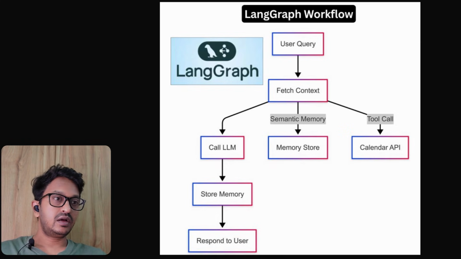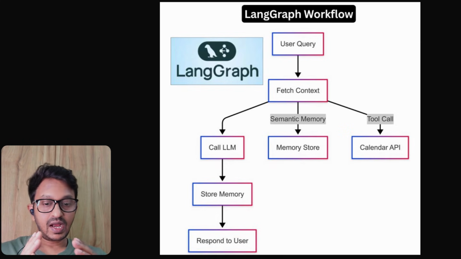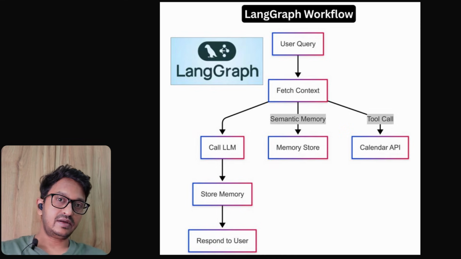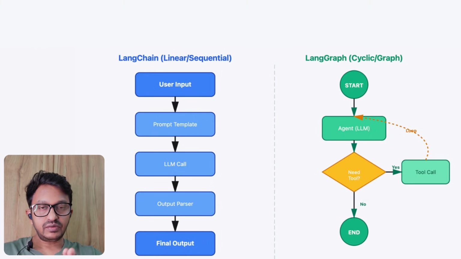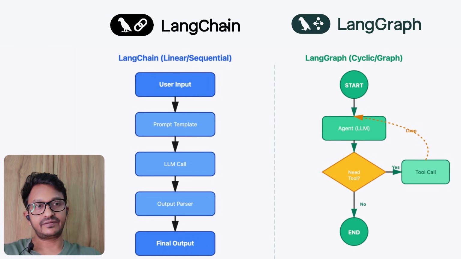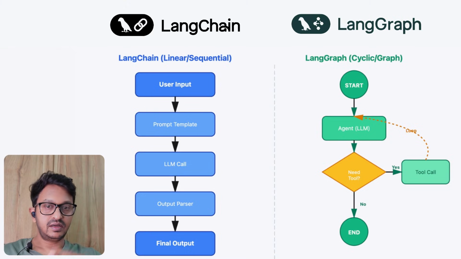And let's see now how LangChain and LangGraph are different from each other. So now let's understand the key differences between LangChain and LangGraph. I'll take different aspects, and then we'll try to explain the difference.